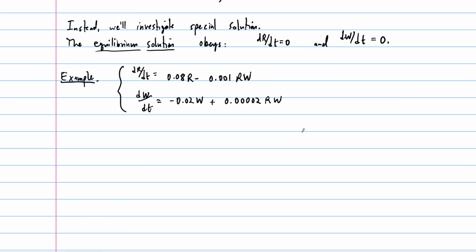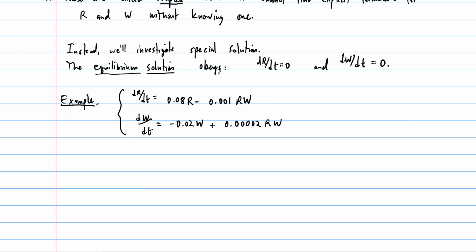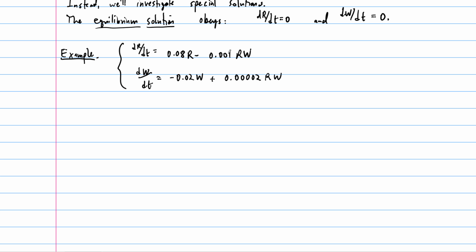All right, so again, we're looking for the equilibrium solution where each of these is equal to 0. This is just going to be one very, very special solution. I said we're going to look for special solutions, plural, but this one is just going to be the very, very special solution. Notice that in this first equation, we have an r and an r, right?